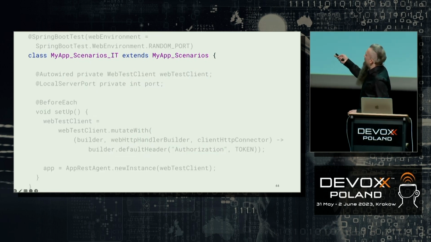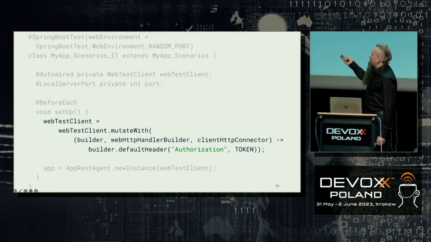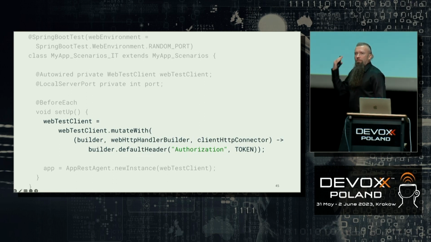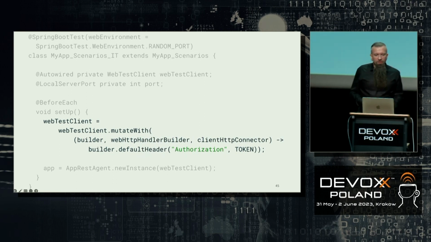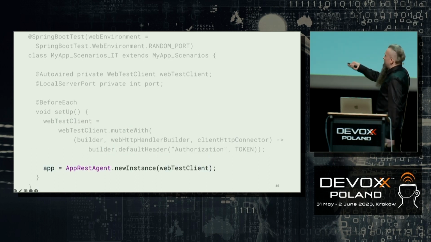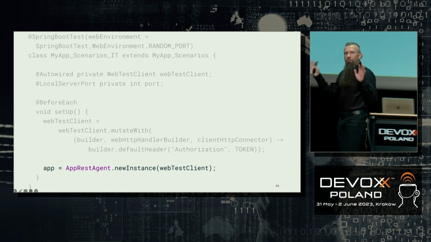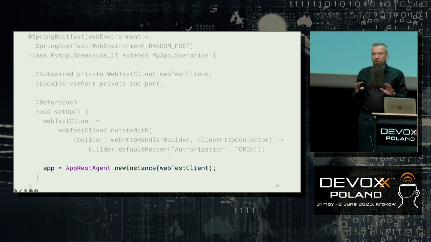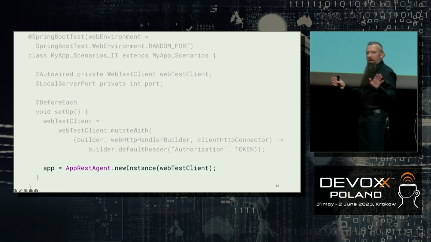And in the test method, for example, we can mutate the web test client because only authorized people can access certain REST APIs. So we will change that. And there will be only a small difference in how we are going to set up the application. Again, from the point of view of the test itself, it will be transparent. The acceptance unit tests don't know about this change, how the application was built.